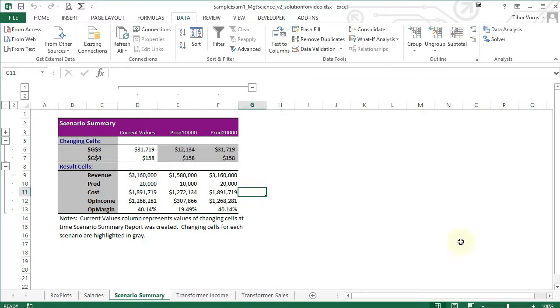So the cost actually will increase by $20 times 10,000, that's $200,000. So the total cost with this additional shipment cost will be the cost plus 200,000.